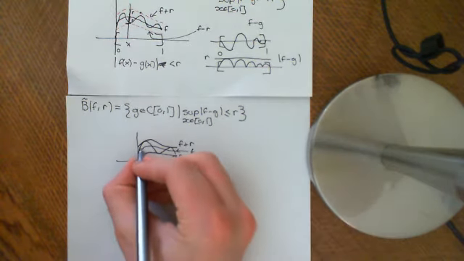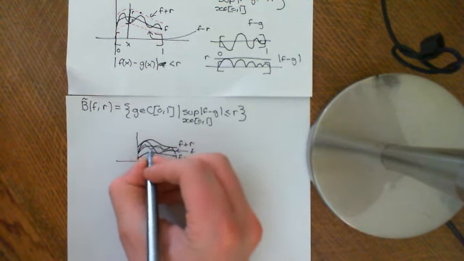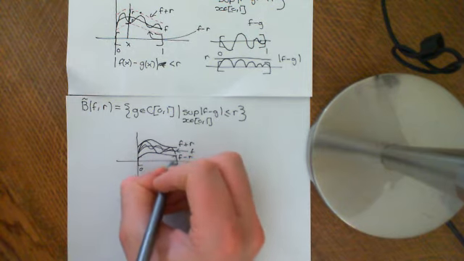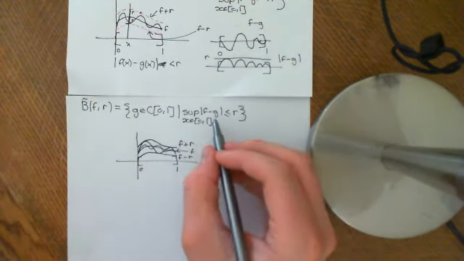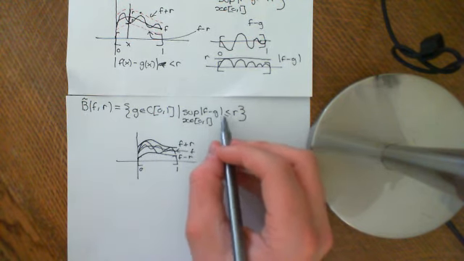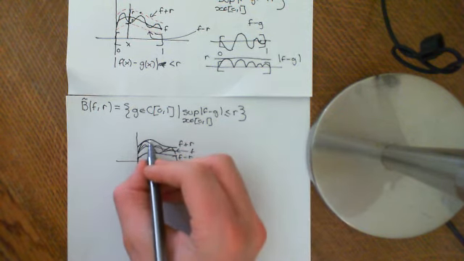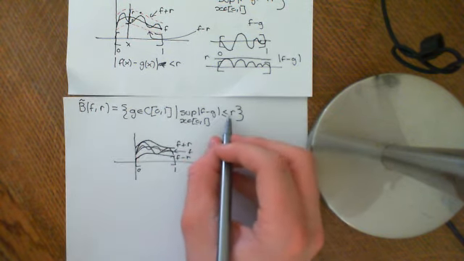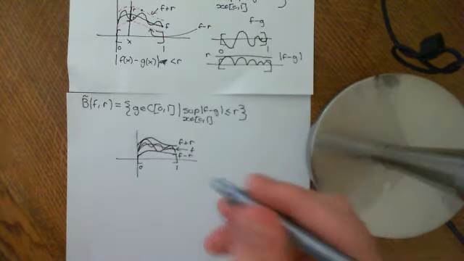It contains all functions that don't touch it either. So it's any function that is contained within the ribbon, and it can actually touch the boundary points. Okay, so in that case, the maximum value of f minus g is indeed going to be less than or equal to r, because if you actually touch the boundary point, then of course your maximum modulus will be equal to r. If you don't touch it at any point, then your maximum modulus will be less than r.